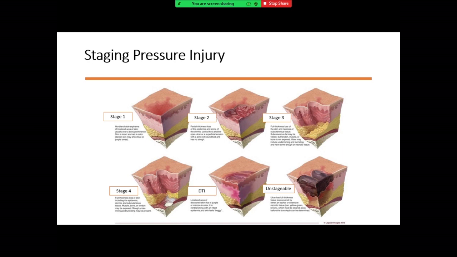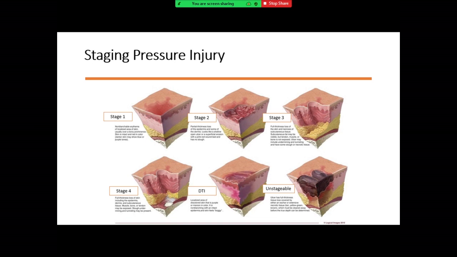Clear fluid-filled blisters, stage 2, because you can see the base. You have to be able to see the base on a stage 2. That's the ticket here. You can have that blistering skin is intact, but the epidermis and the dermal layers have separated.